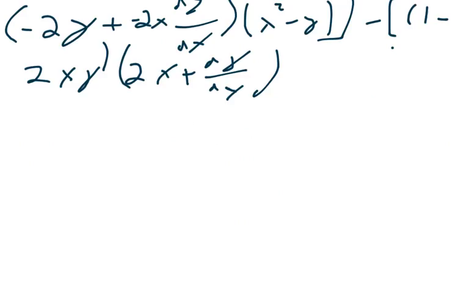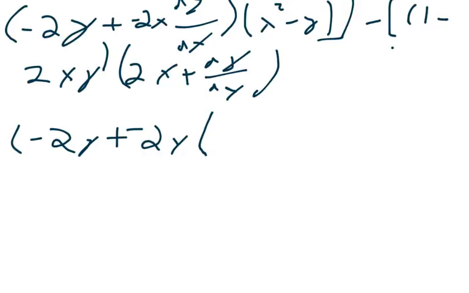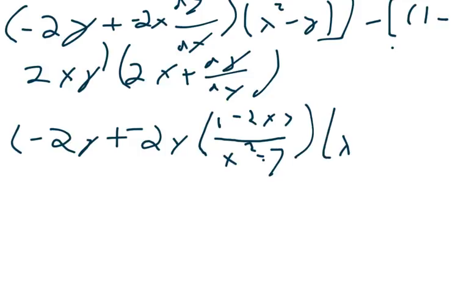Now to begin simplifying, we will substitute in dy over dx into this equation again. So again, negative 2y plus negative 2x, and now it will be 1 minus 2xy over x squared plus y, and then times x squared plus y.